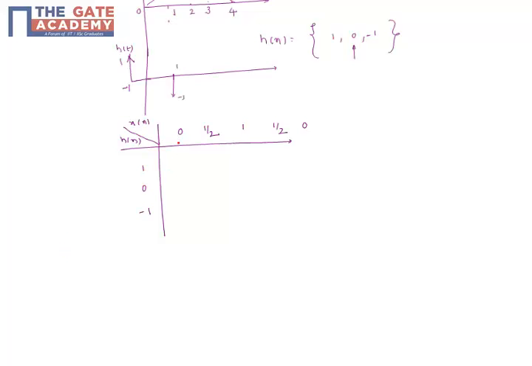If you multiply all the values with 1, you get the same values. When you multiply with 0, you get all zeros. When you multiply with minus 1, you get the negative of the values. So this is 0, this is minus 1 by 2, minus 1, minus 1 by 2, 0.